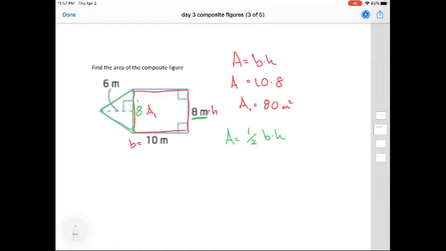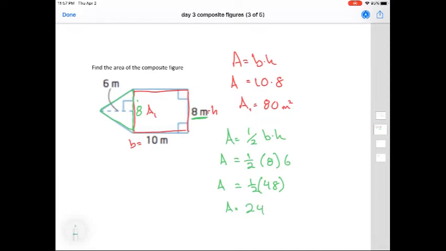So all we have left to do is substitute in the base, which is 8, and the height of my triangle, which is 6. Some mental math: 8 times 6 is 48. Half of that gives us an area of 24.